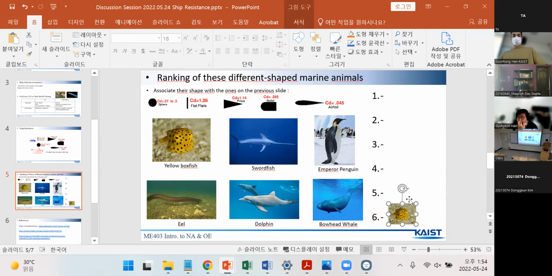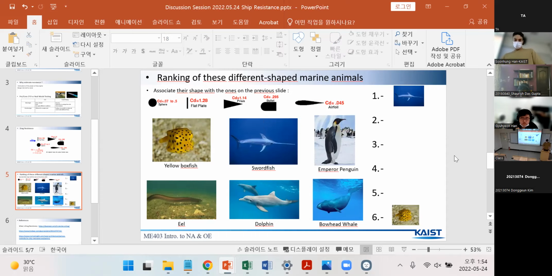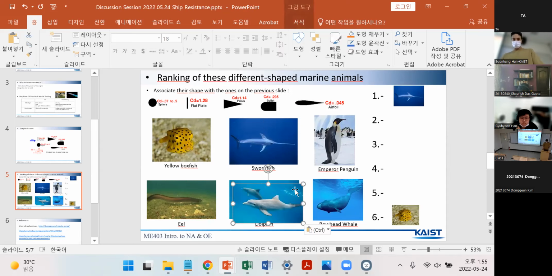I think the tuna fish is number one because I heard that that fish is the best fish in the world. Second, I'll say the dolphin because I think they go pretty fast to catch other little fishes.